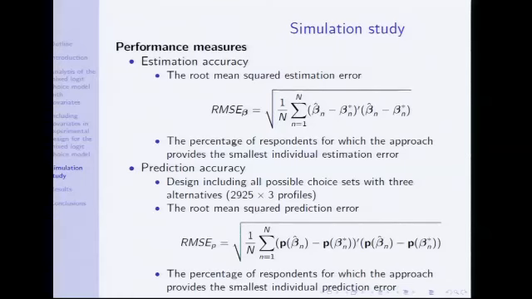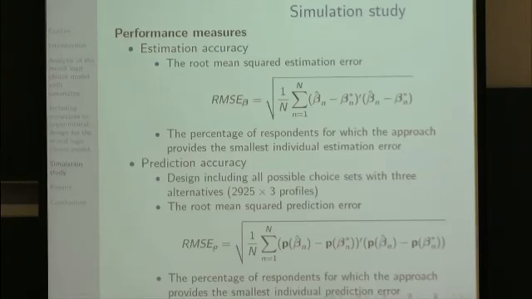Now for the root mean squared prediction error, we considered the design with all possible choice sets with 3 alternatives. Now remember that the alternatives were described by 3 attributes with 3 levels each. So you have 27 possible products, possible profiles. And from those 27 products, you can construct 2,925 choice sets with 3 alternatives.